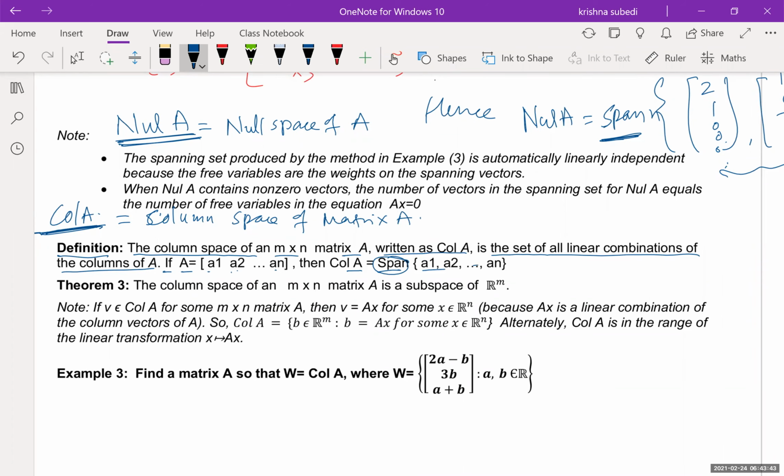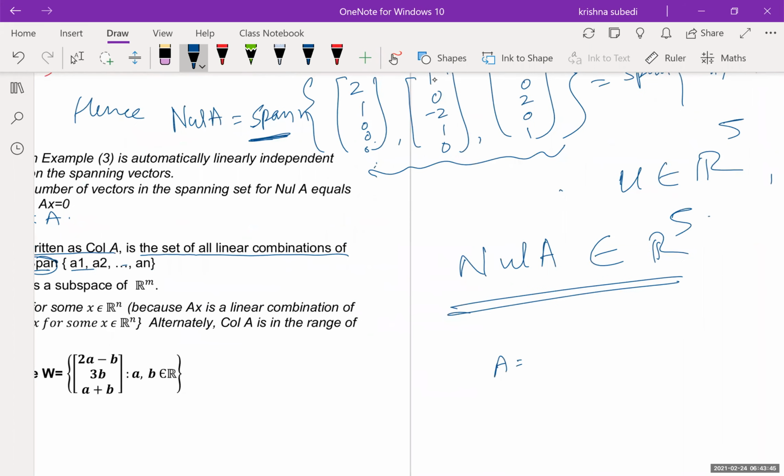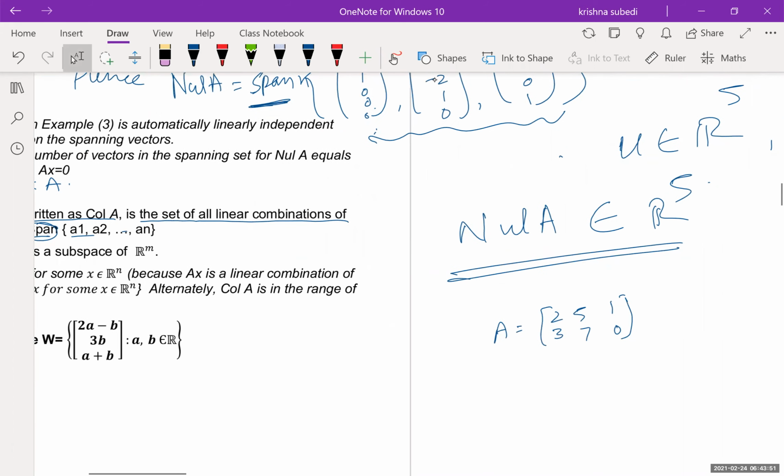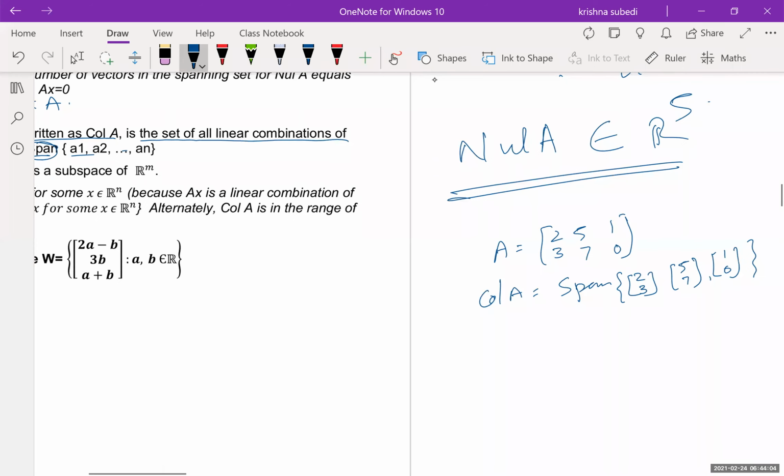For example, suppose A is the matrix with columns (2, 3), (5, 7), (1, 0). Then the column space of A is actually the span of these vectors. That's it. It means any space created by some linear combination of the columns of A is called the column space.